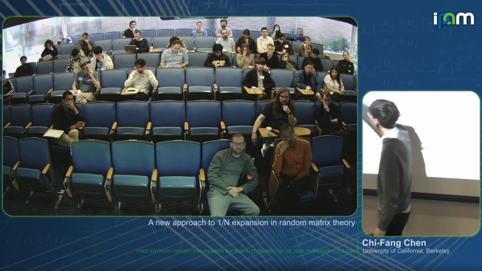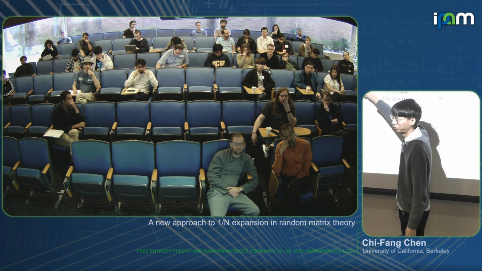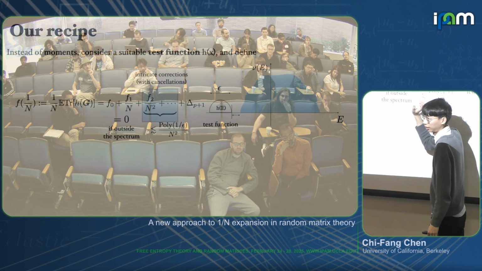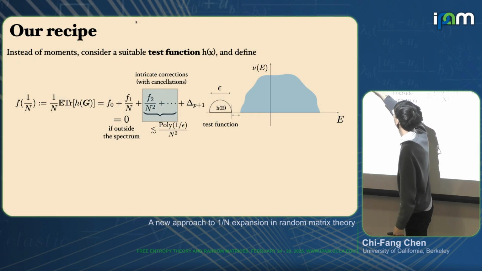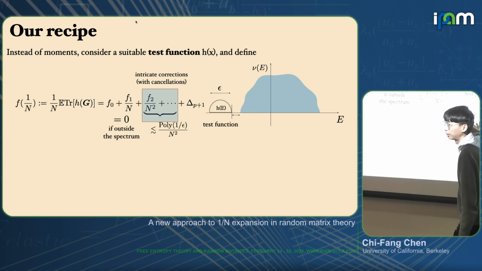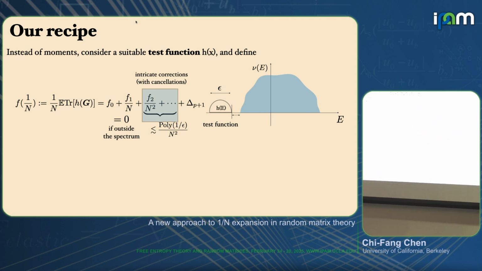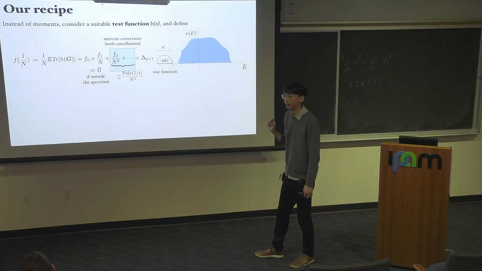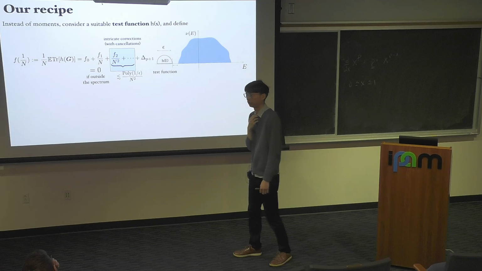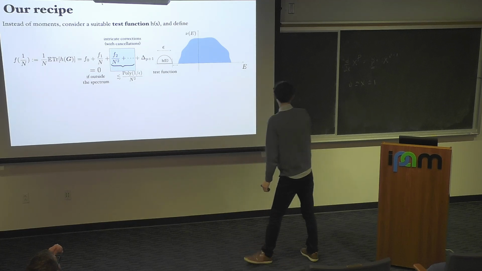Right. If f is a polynomial with fixed coefficients, then this does make sense, because for each g to the p there is a 1 over n expansion. Well, what I'm trying to say is suppose you are just given some n, n equals 1,000. Then there is some freedom. You can move between one term and another term in your expansion, and there is no canonical way to say which term belongs to what, right?